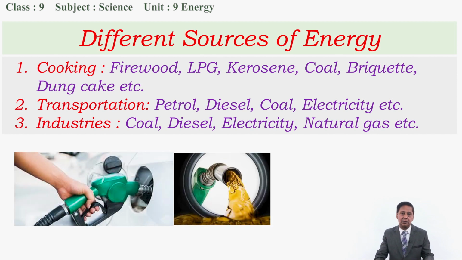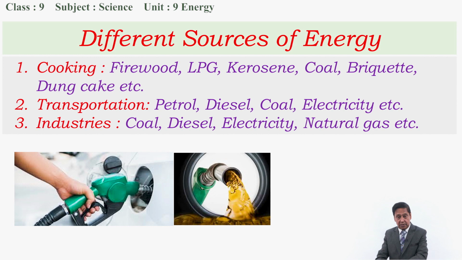Petrol we use to run light vehicles, we know about this. Motorcycles and four-wheelers use petrol to run, and diesel is also similar, but the color of diesel is a little darker yellow than that of petrol, and it is used to run heavy vehicles. And coal, I told about the coal, and electricity we'll talk about in the electricity chapter.